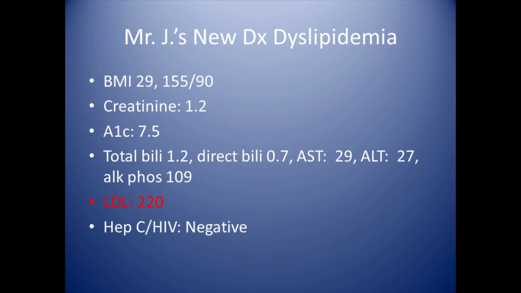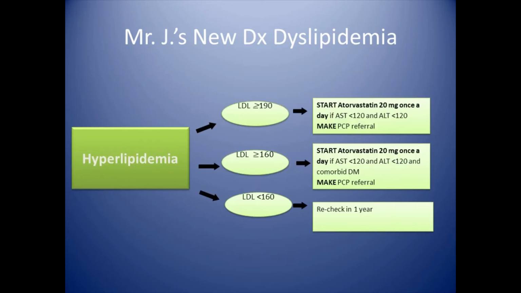Mr. J also, unfortunately, had a new diagnosis of dyslipidemia with an LDL of 220. We similarly created an algorithm for dyslipidemia and grouped it into 3 groups. For patients with an LDL of greater than or equal to 190, we recommend starting Atorvastatin 20 nightly if the AST and ALT are less than 120.